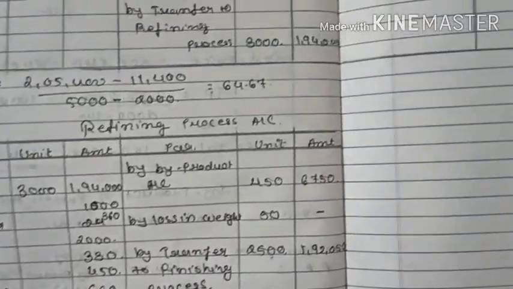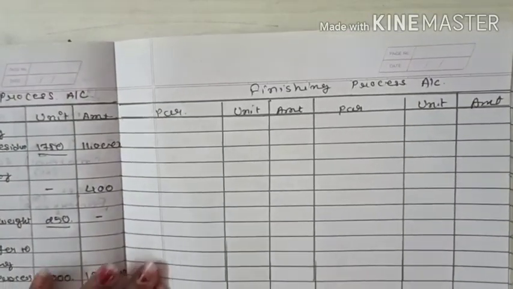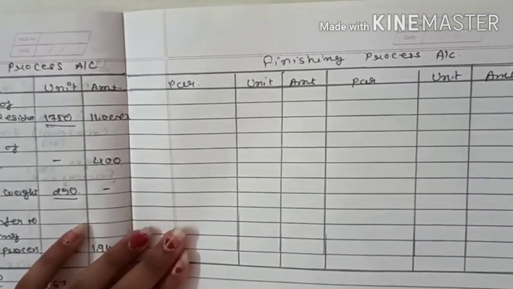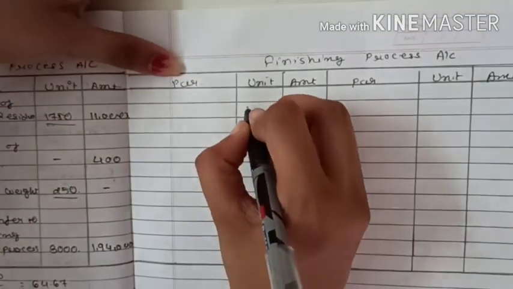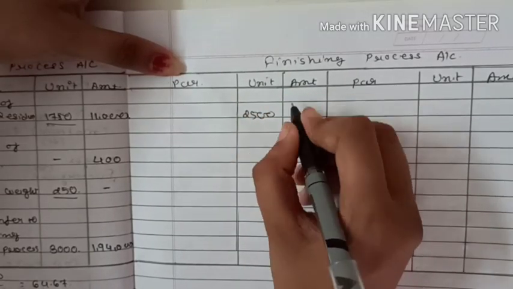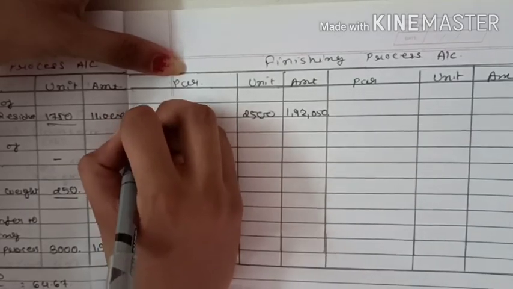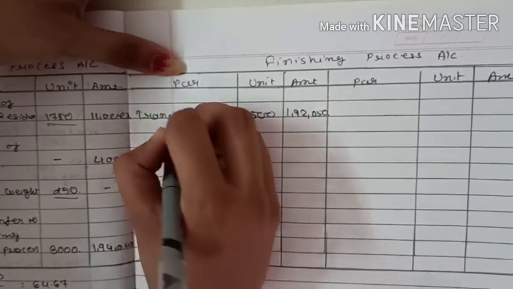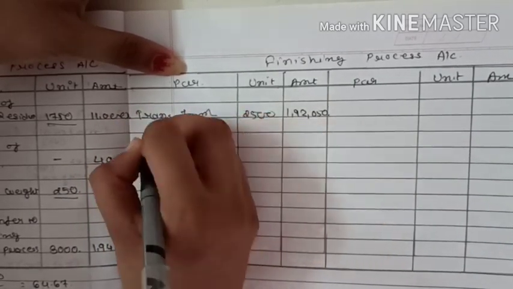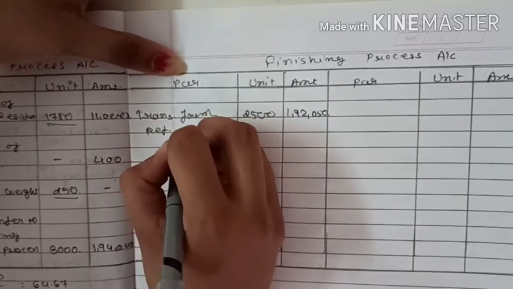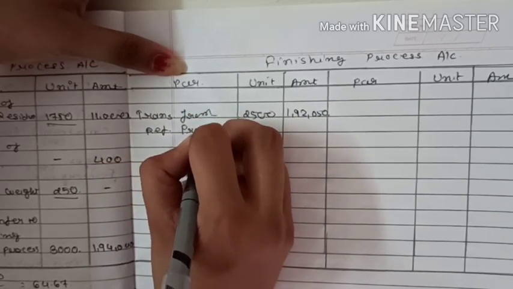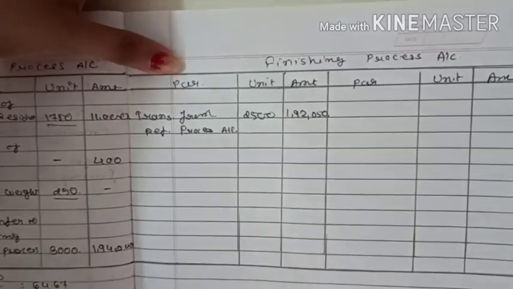Now this transfer goes to the finishing account. Let's move on to the finishing process account. Transfer is 2,500 units at rupees 1,92,050, transfer from refining process account.